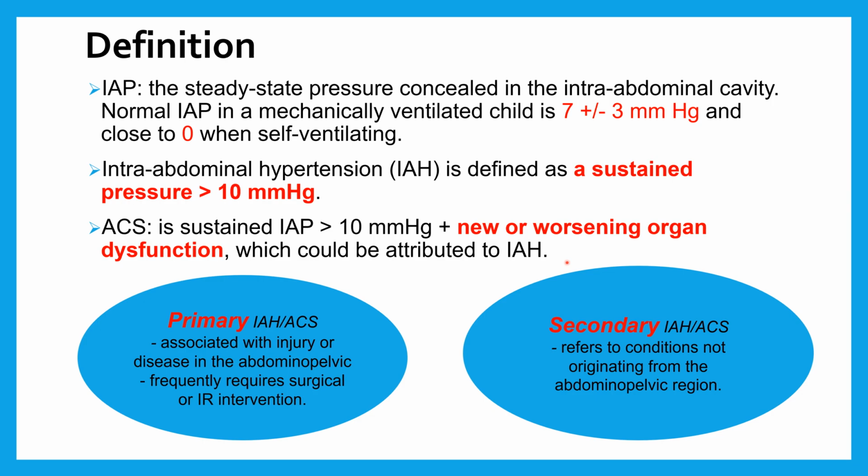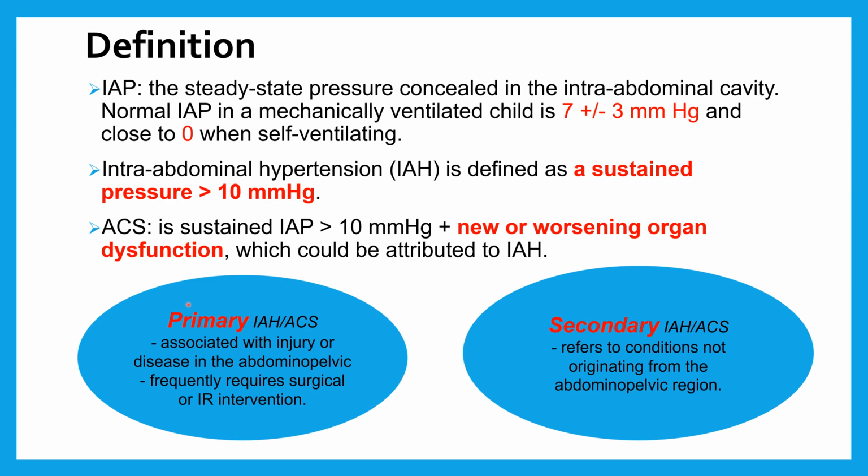Because we can have patients with temporarily increased intra-abdominal pressure who coincidentally have renal failure. So we cannot say in this patient that we have abdominal compartment syndrome; the organ dysfunction should be due to the increased intra-abdominal pressure.